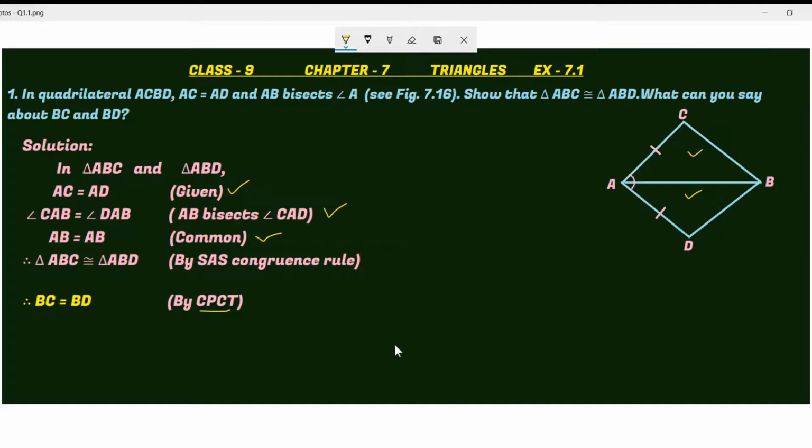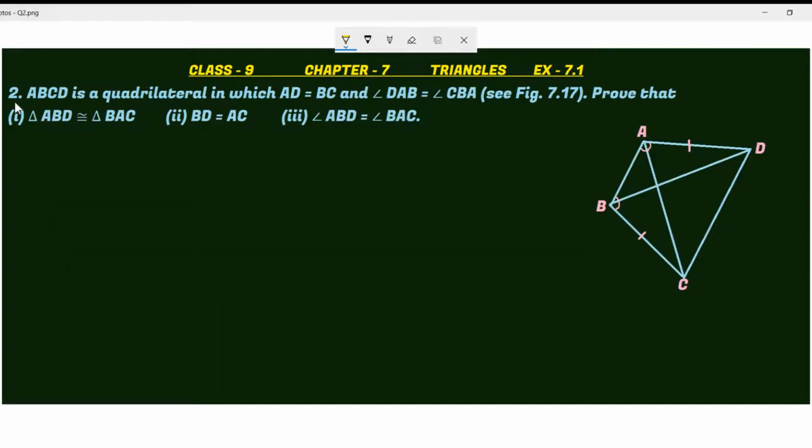Question number 2. ABCD is a quadrilateral in which AD is equal to BC and angle DAB is equal to angle CBA. We have to prove triangle ABD is congruent to triangle BAC, and BD is equal to AC. Third one is angle ABD is equal to angle BAC.